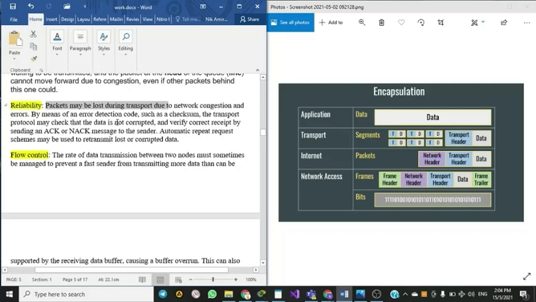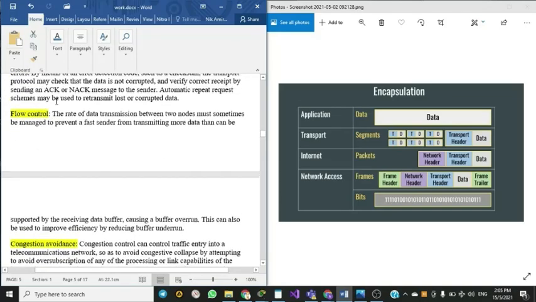By means of error detection codes such as checksums, the transport protocol checks whether the data is corrupted, and verifies correct receipt by sending an ACK message to the sender. So we notify the sender whether the message is corrupted or not, so they will resend it or not. An automatic repeat request scheme may be used to retransmit lost or corrupted data at the transport layer.